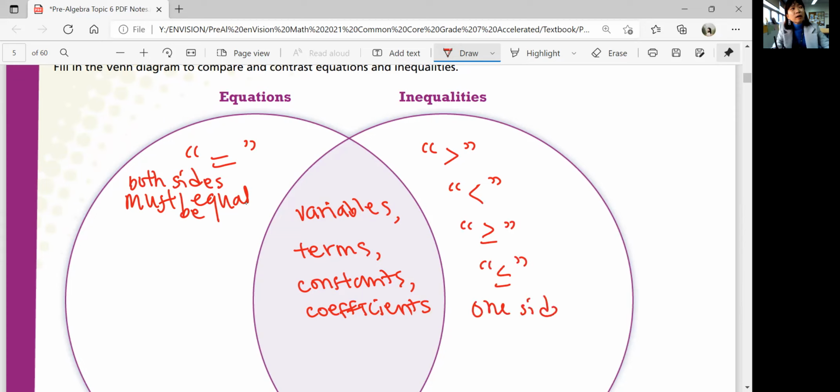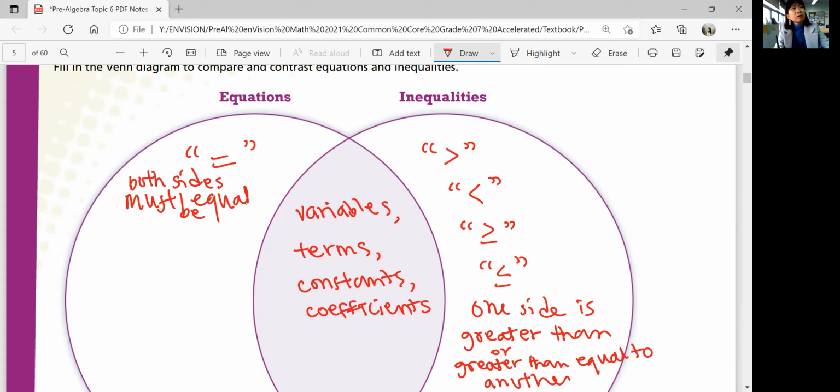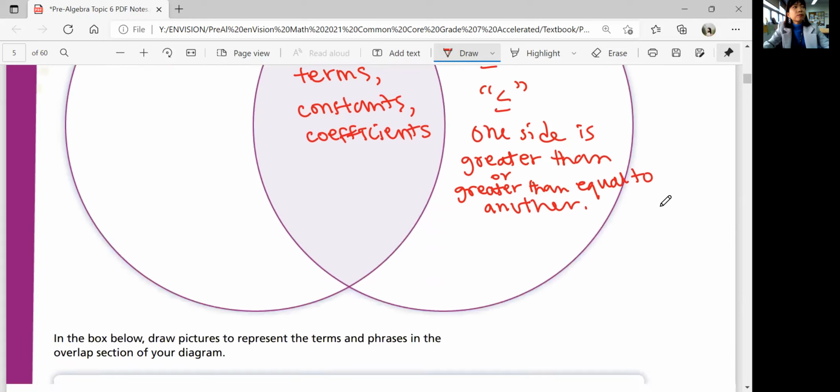One side is greater than or greater than or equal to another. Okay. You need to know how to differentiate them, how to point out things that are similar.